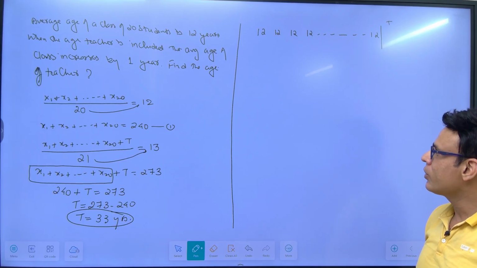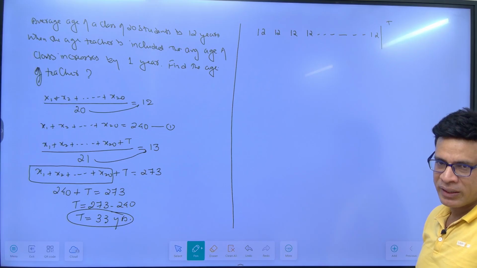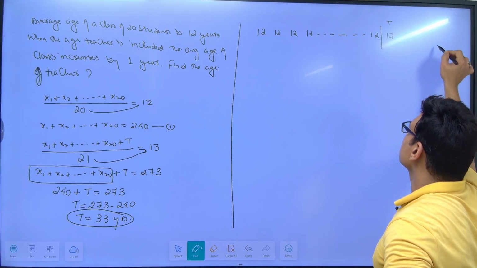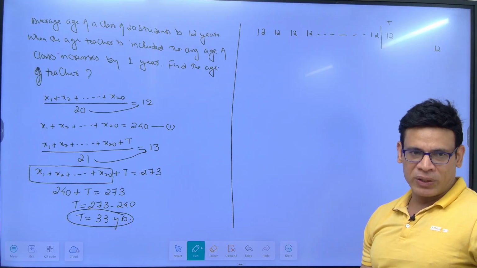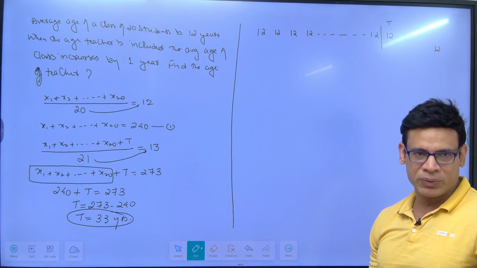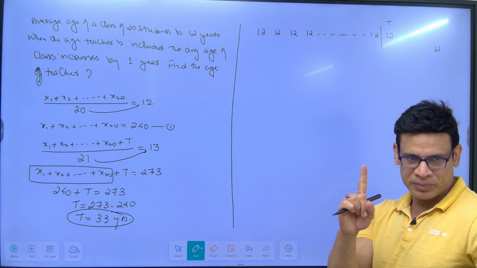When the teacher enters this class, she will realize that each student has 12 chocolates. She is unbiased. She will first keep 12 chocolates with herself, and whatever remaining chocolates, she will divide equally among all the students, including herself, increasing each by 1.